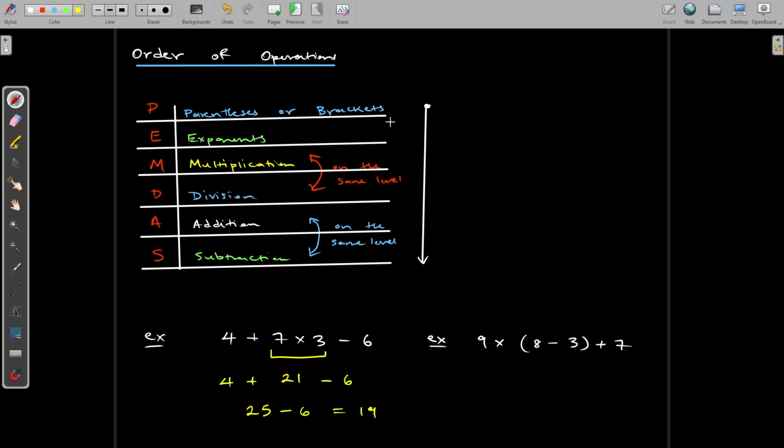So even though we have a multiplication and then we have a subtraction and addition, we have to do the bracket first because of the order of operations. So starting at the top, coming down, the brackets would be the one that we focus on first. So we look at the question, realize that we have a bracket here, so we have to evaluate what's in the bracket. So it's going to be 9 times, when we evaluate what's in the bracket, 8 minus 3, 5.